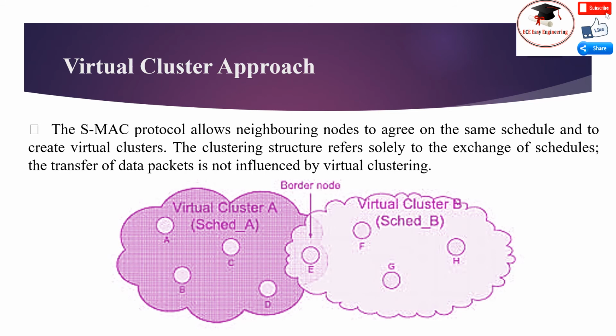On the other hand, if X has no neighbor sharing its schedule, it drops its own and adopts the other one. Since there is always a chance to receive sync packets in error, node X periodically listens for a whole synchronization period to relearn its neighborhood. This makes the virtual cluster formation fairly robust.